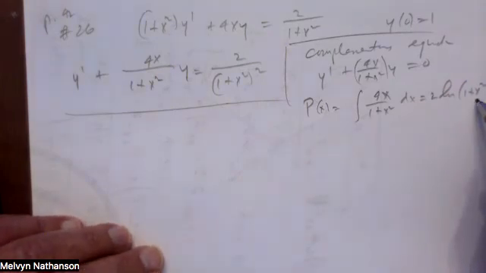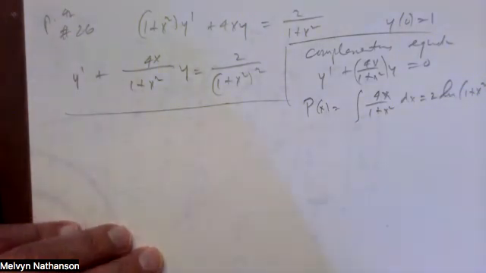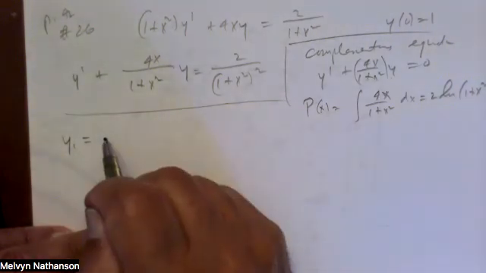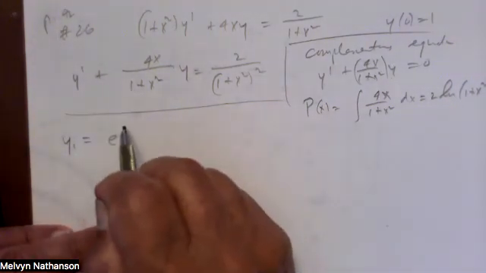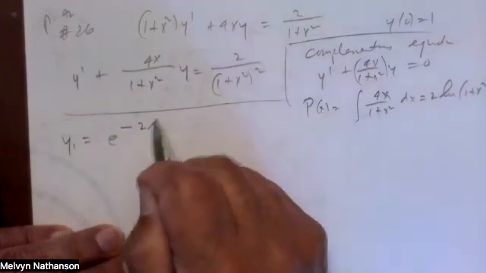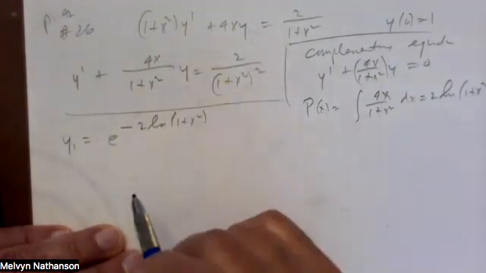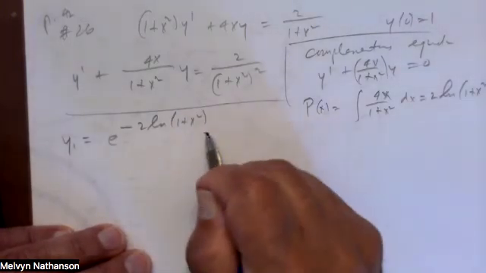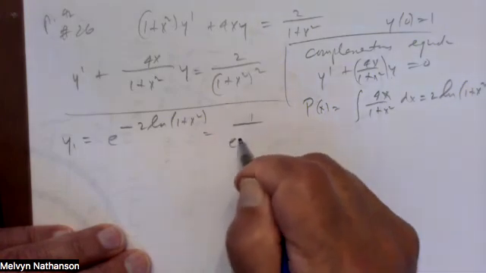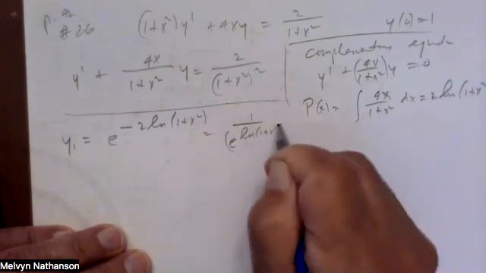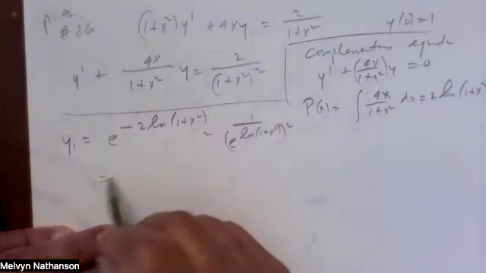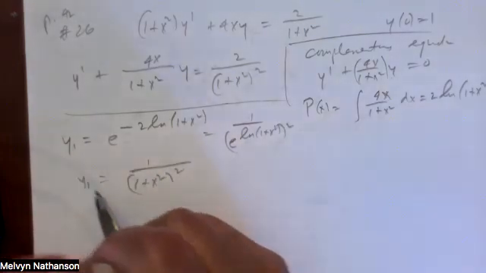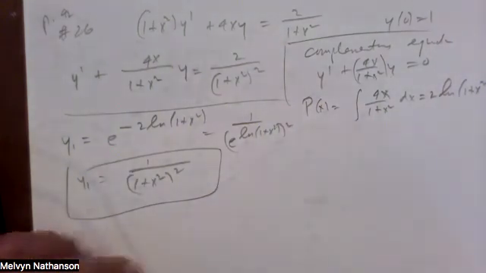If you differentiate this, you get exactly that. So my particular solution of the complementary equation is y1 equals e to the minus 2 times the log of 1 plus x squared. What is that? This is like 1 over e to the log of 1 plus x squared, squared. That's 1 over (1 plus x squared) squared.